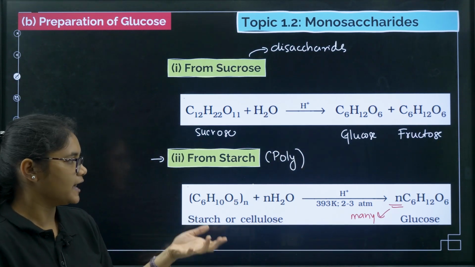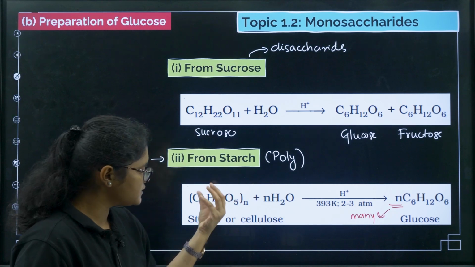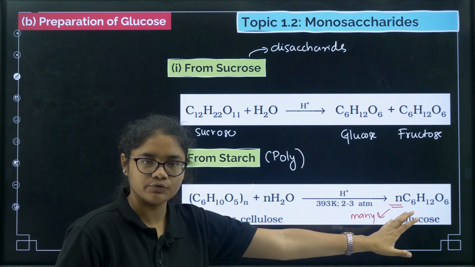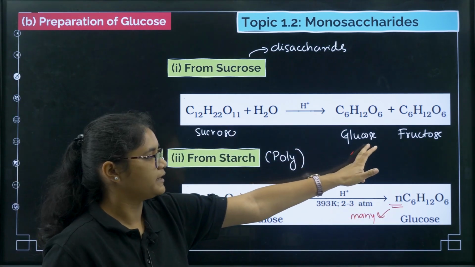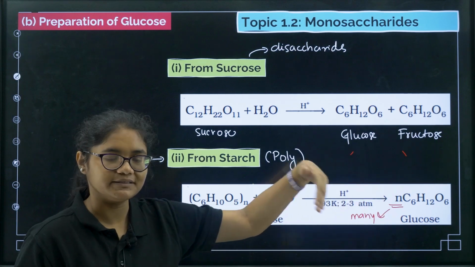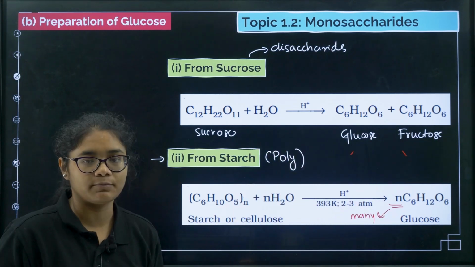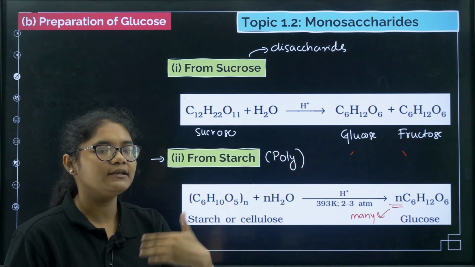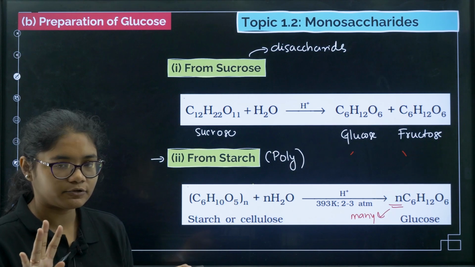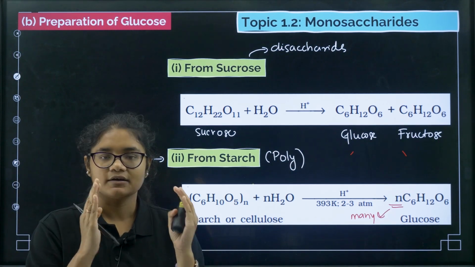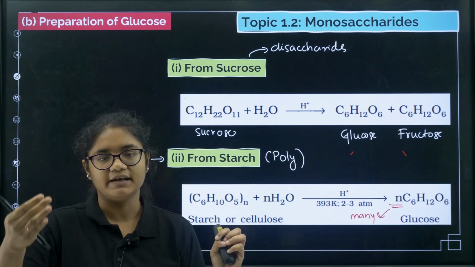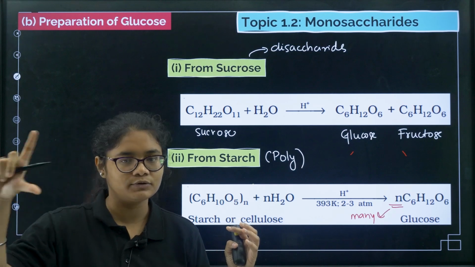So that means that this starch or cellulose must be made up of glucose. Similarly, sucrose must be made up of glucose and fructose. We will study about these disaccharides and polysaccharides in detail in some time. Okay, clear up to this? So till now what we discussed? Classification of carbohydrates. Next our topic is monosaccharides.